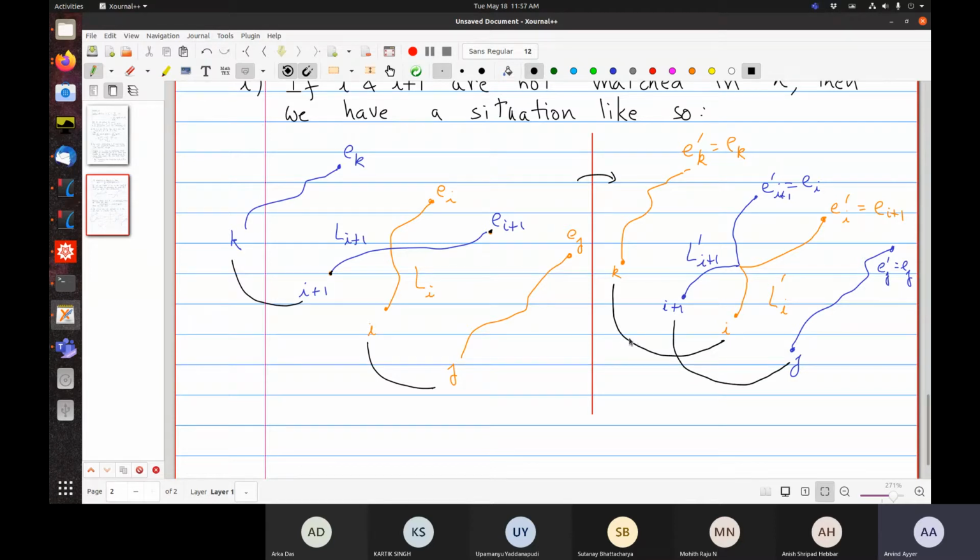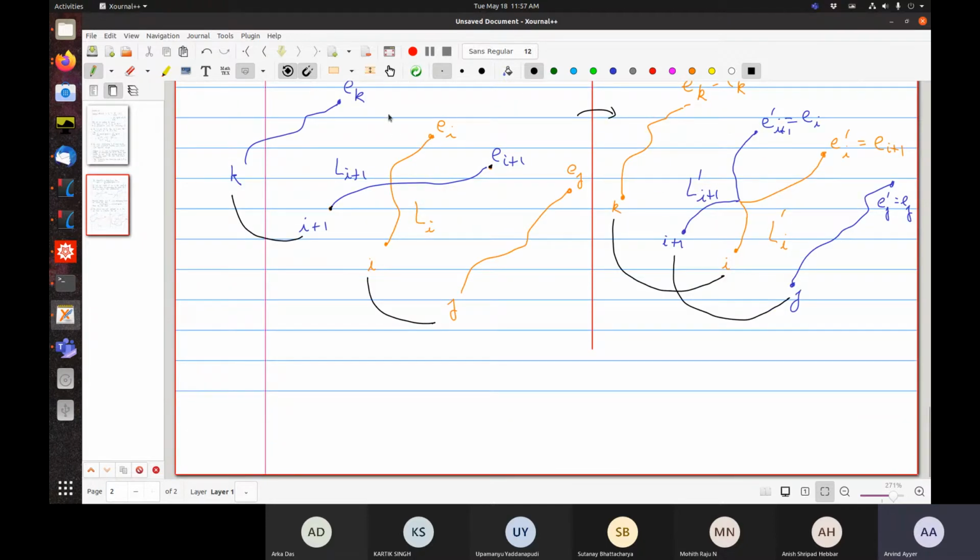Don't worry so much that I have put k on this side and j on this side. I mean, anything is allowed. K and j can both be on the same side, arranged in either order, or they can be on opposite sides. The argument is not going to change. Okay, but let us see what happens now.